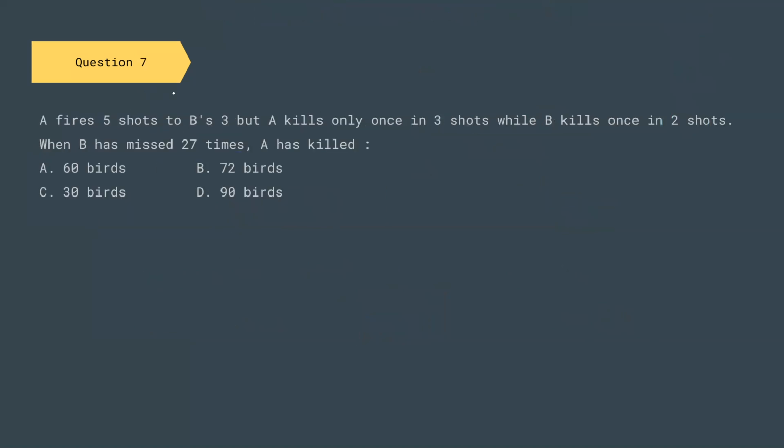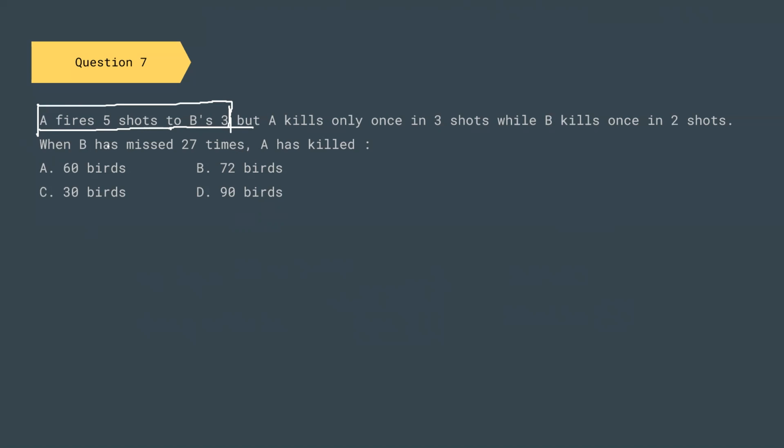It is a very interesting question again. So let us first read the question properly, understand it properly, and then we can start with a systematic approach. They are saying that A fires 5 shots to B's 3. This is the first important relationship.